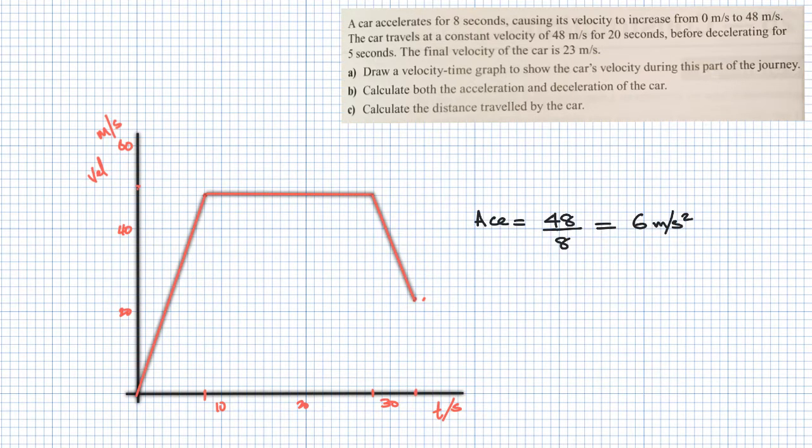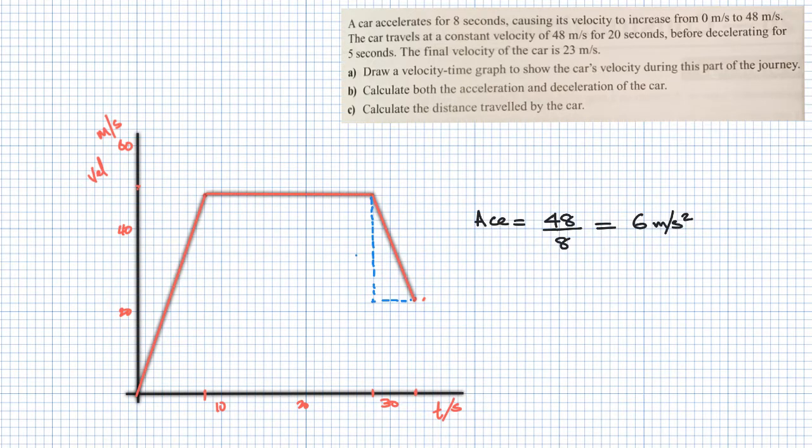You can write it like that, or you can write it with the minus symbol. All right, so not a particularly fast car, not by today's standards anyway. And then we'll do our deceleration. Now for our deceleration, we've come down from 48 to 23. So that's going to give us 25.